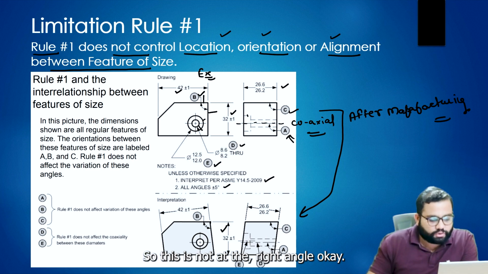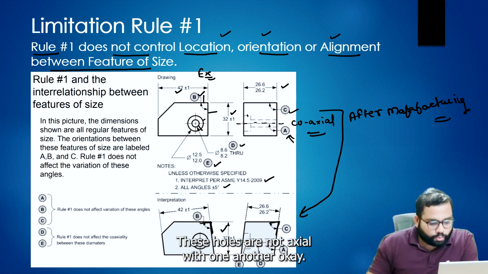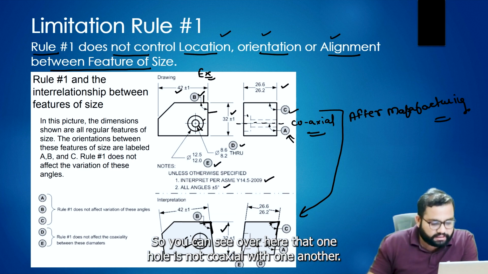This is not at a right angle, and this is also not at a right angle. These holes are not coaxial with one another.